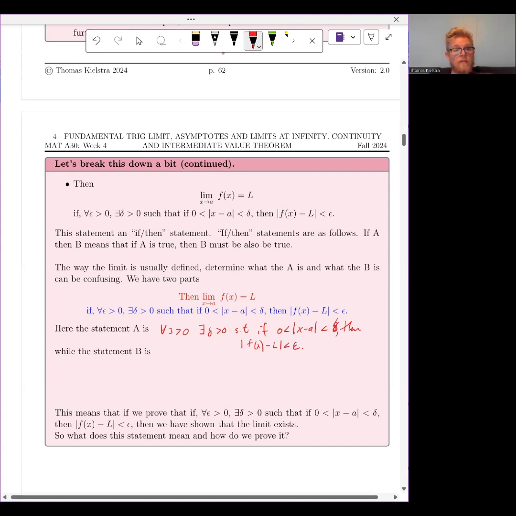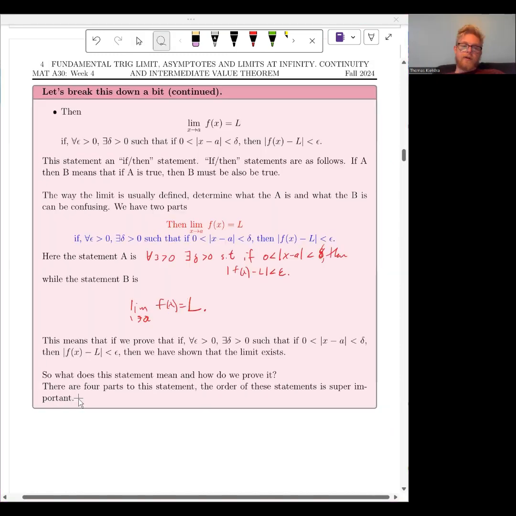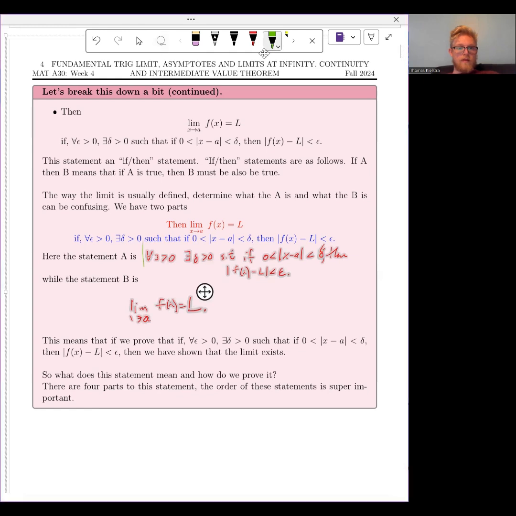While the B statement is the limit as x approaches a of f of x equals L. That means that if we prove the A statement, we have shown that the limit exists. So what does this statement mean, and how do we prove it? There are four main parts to this statement, and the statement that we are referring to is our statement A. Okay.